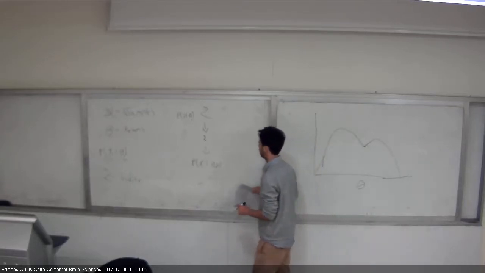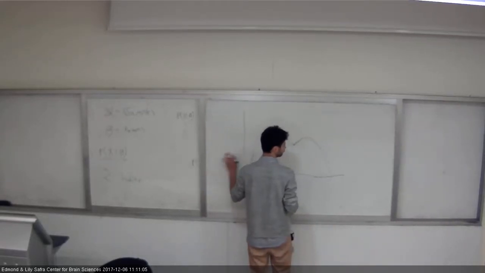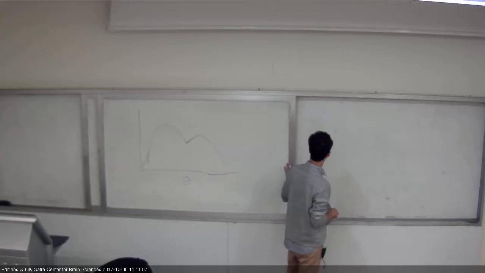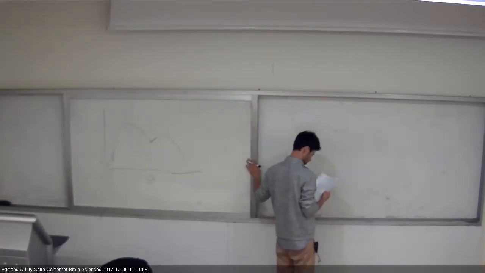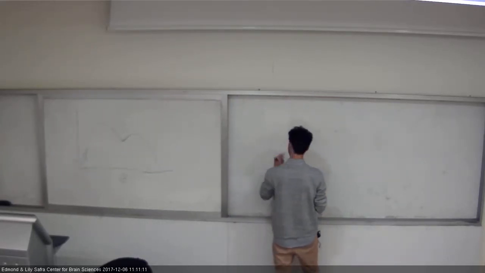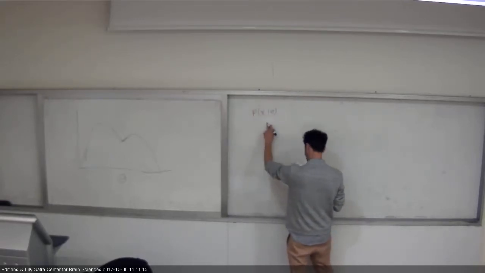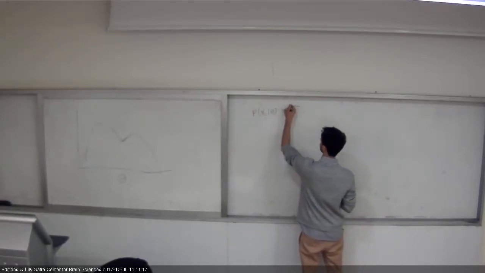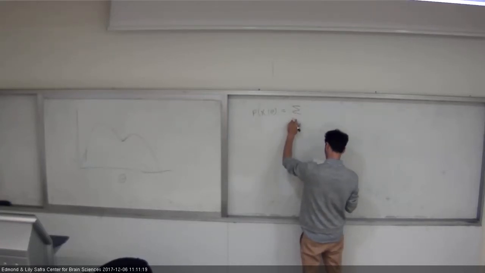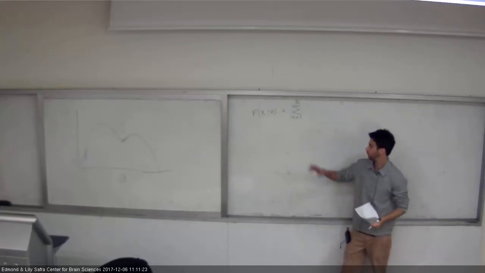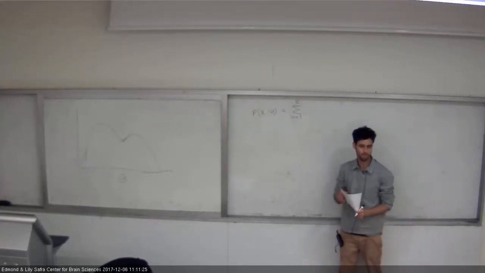So we can say that p of x given theta is equal to the sum over all of the Gaussians. In general, we can have k Gaussians.